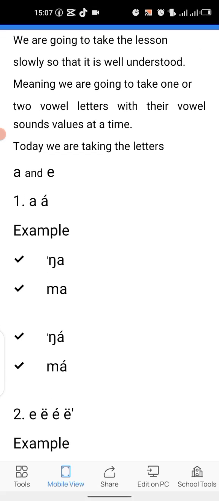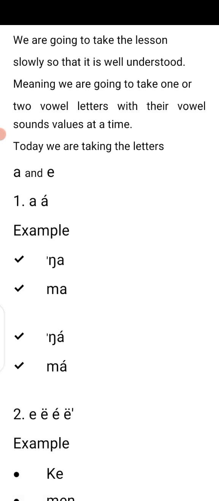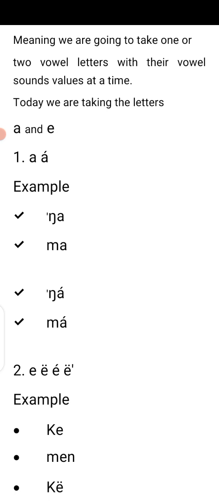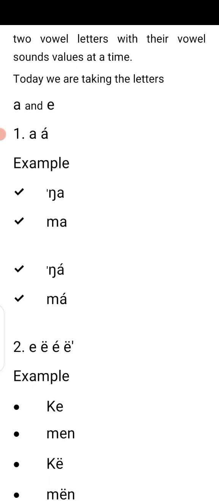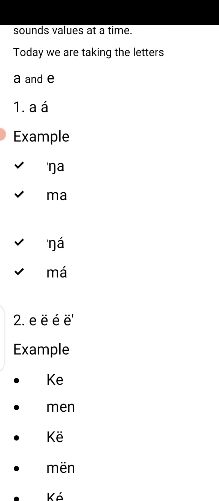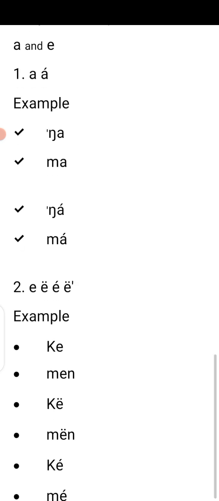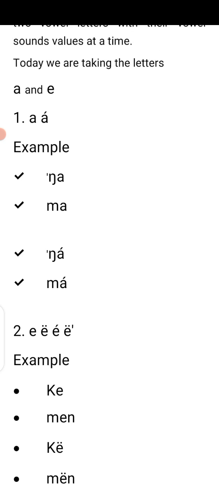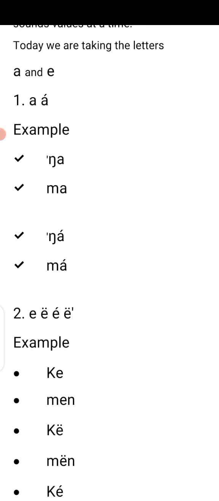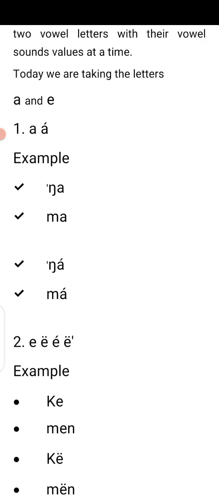Our third word here is nga. The other one is ma. So you need to be able to differentiate between nga and nga. Also ma and ma.